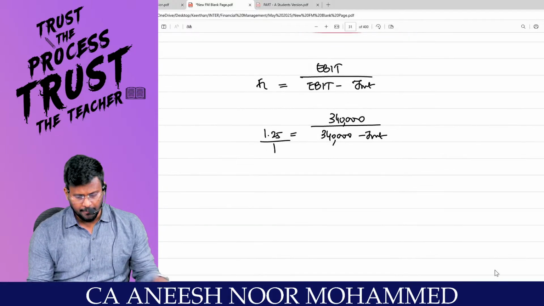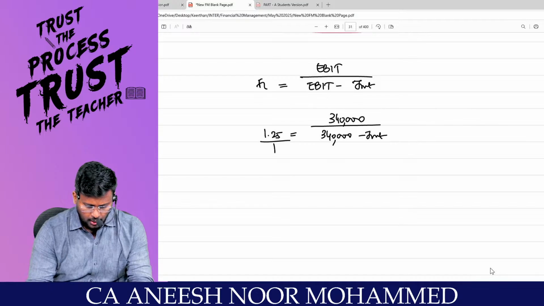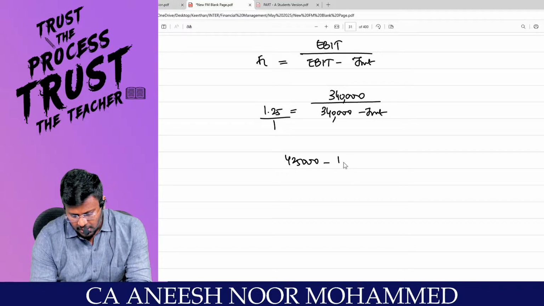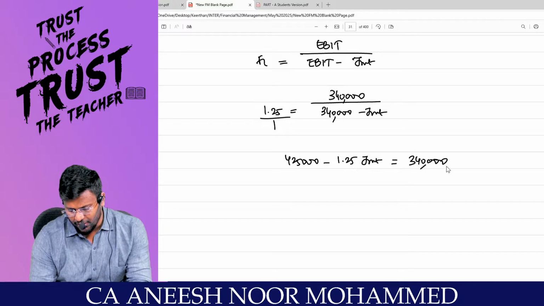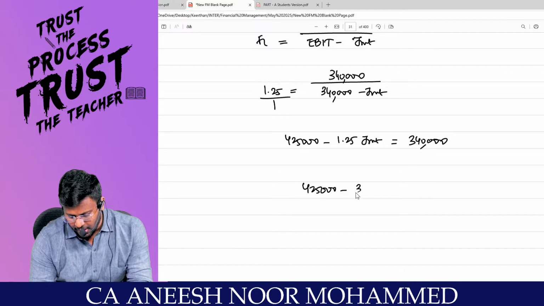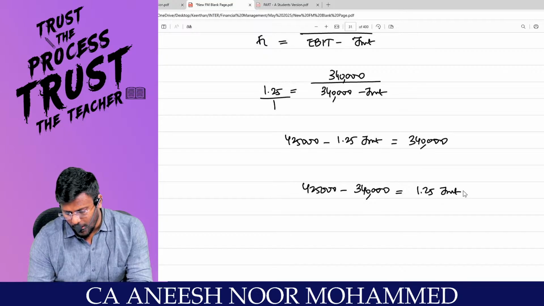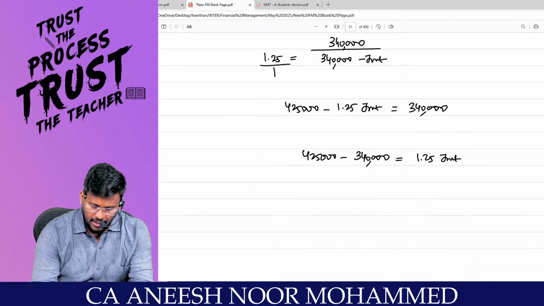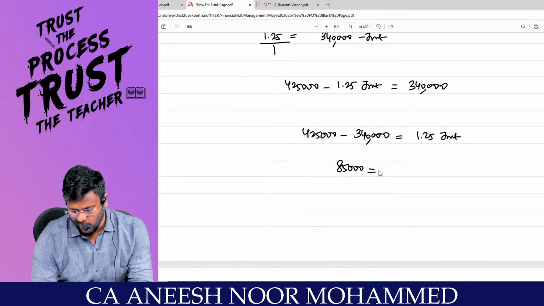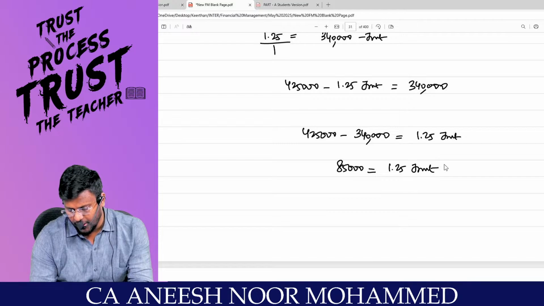Shall we cross multiply? So 3,40,000 into 1.25 comes to 4,25,000 minus 1.25 interest is equal to 3,40,000. Getting it? That means 4,25,000 minus 3,40,000 comes to 85,000, which is 1.25 interest.